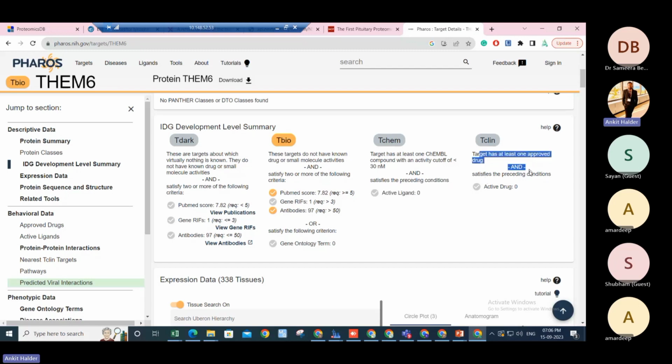T clinical has at least one approved drug. Here you can see that the active ligand for this particular protein is 0 and the active drug is 0, but it satisfies the T bio stage now. So it is not in T dark but in T bio. As more proteins are identified and detected, the PubMed scores and antibodies will increase. You can view the antibodies as well.